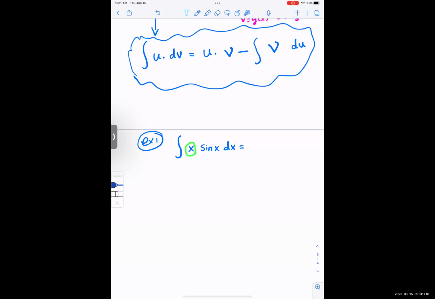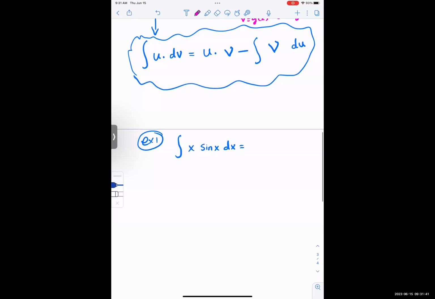x sine x dx. The dx and integral are just for the integration piece for now. Just x and sine x. Think about it. They are two different functions. Using substitution wouldn't help. And these are two different things, like f and g, two different functions. So then I would tell myself, maybe integration by parts is the smartest.